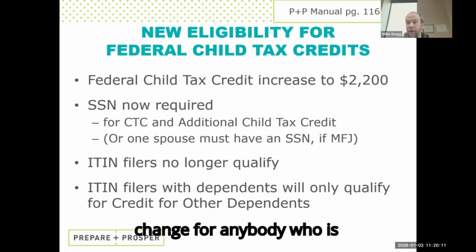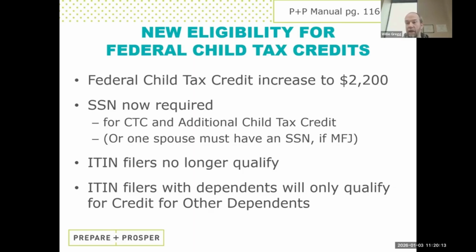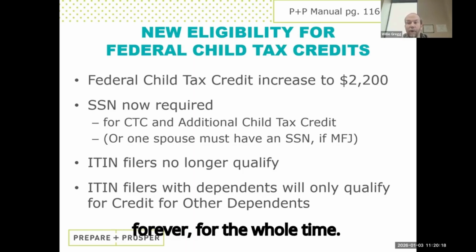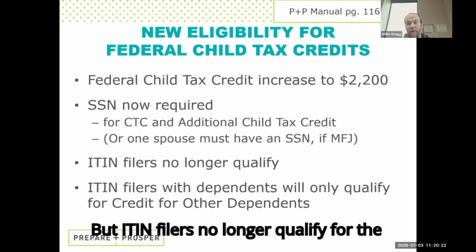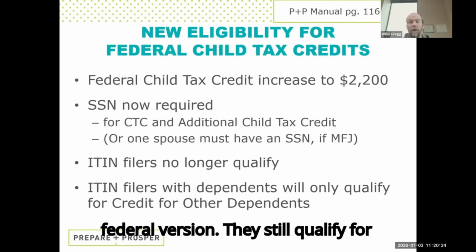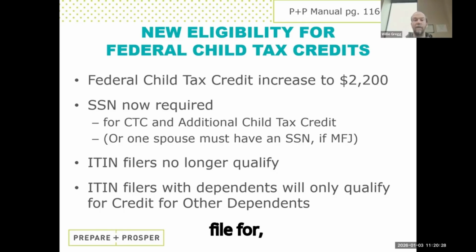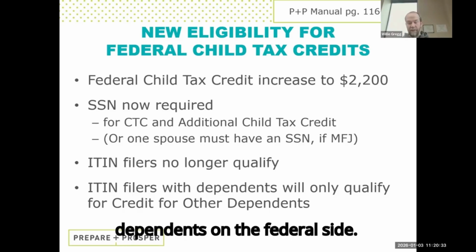This is a big change for anybody who is filing with an ITIN. They've been getting the federal child tax credit the whole time. But ITIN filers no longer qualify for the federal version. They still qualify for the state version, as well as the credit for other dependents on the federal side.